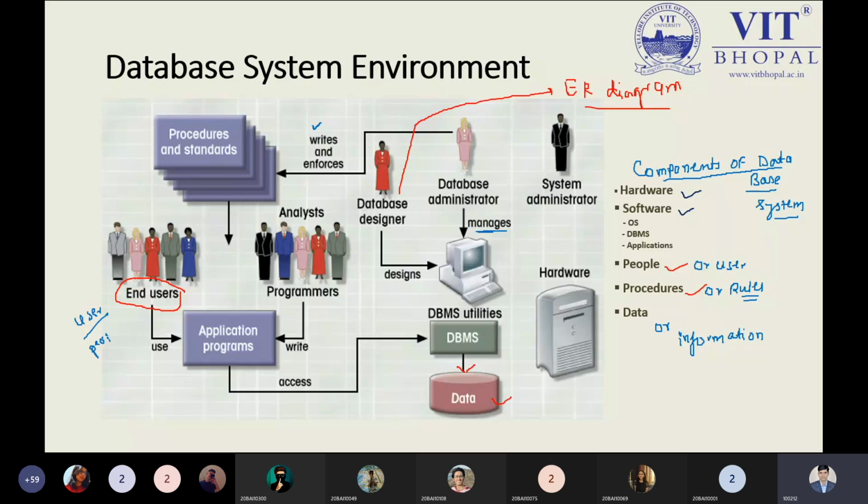This people could be the end users who can use the database through an application program, and this application program could be anything. This end user doesn't need to know how to write the code or what code is written to use it. So as a student, you want to see your attendance.